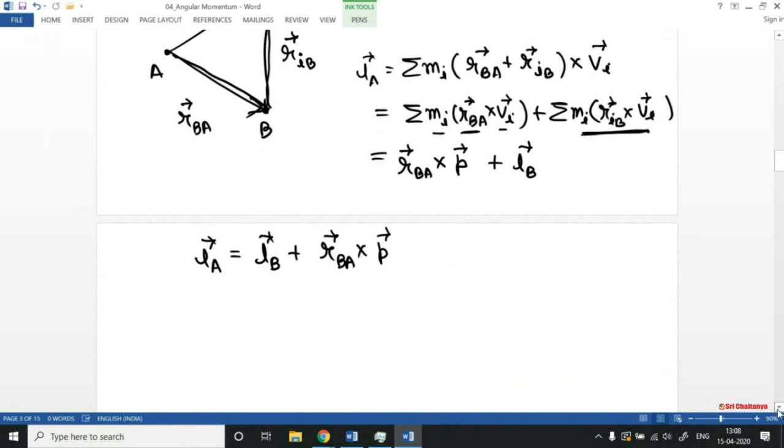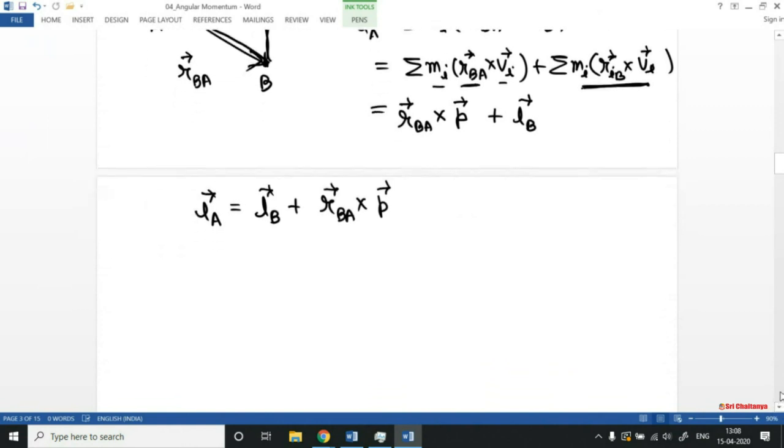And looking closely at this equation, one special case we can have is that if somehow P becomes 0, if we are looking at the system whose net linear momentum is equal to 0, then in that case we can say that LA will be equal to LB.